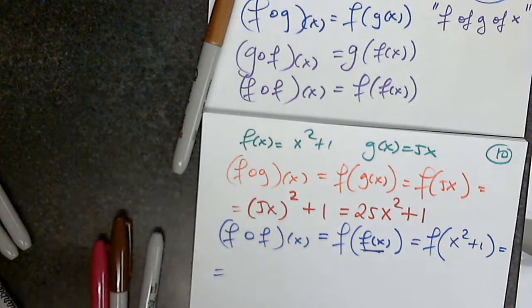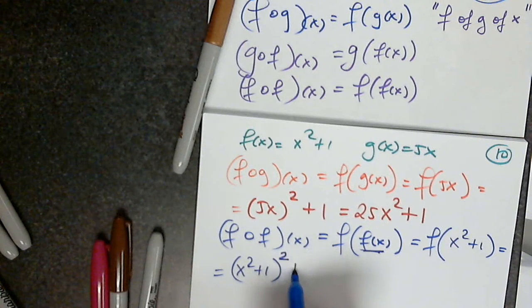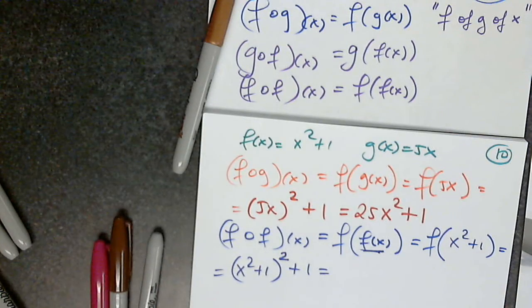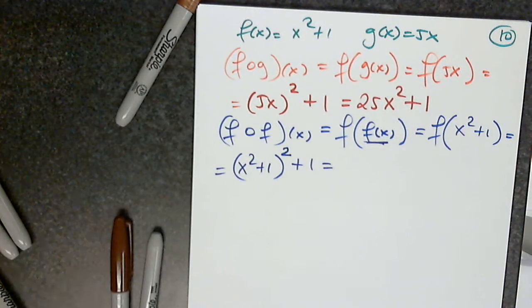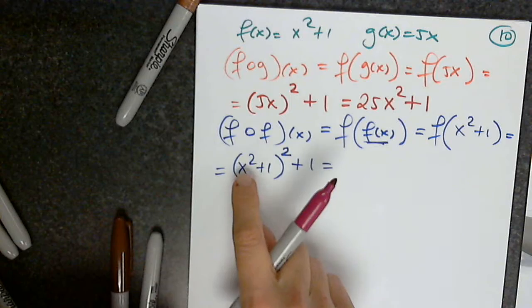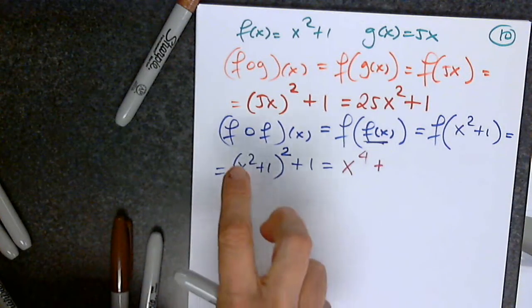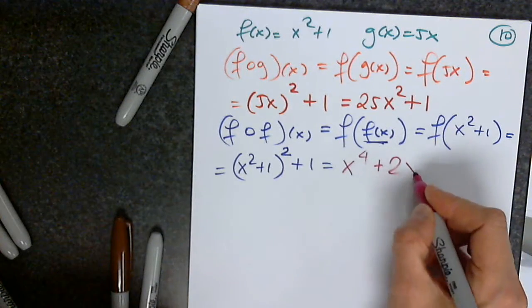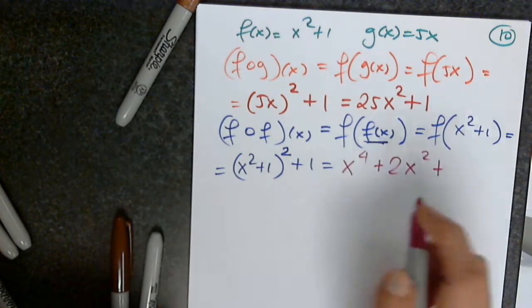How do I write that? Plus 1. Remember, we have an agreement. This is a binomial squared. What do I write next? How many terms? The first term squared plus 2 times the first times the second plus the second term squared, which is 1, plus 1 is 2.